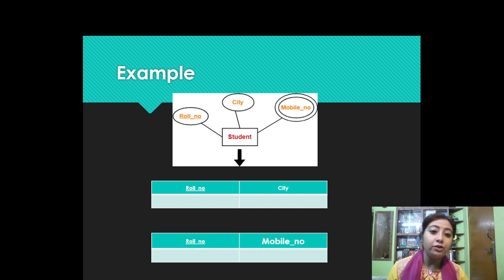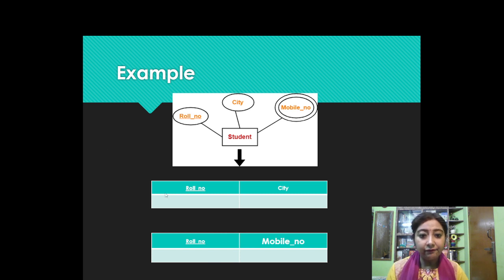That means it should be a unique value. In case of this roll number, it is a foreign key, and a foreign key can have multiple values. The same values can come multiple times, but it is totally referenced with the first table's roll number.